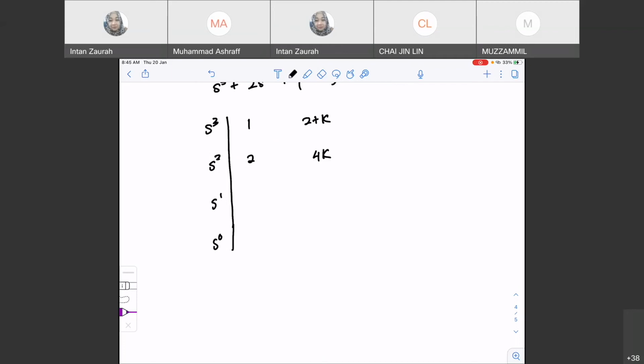Okay, and then the next row, you need to do the calculations. So I have 2 multiplied by (2 plus k) minus 1 multiplied by 4k, divided by 2. So that will be 4 plus 2k minus 4k divided by 2.